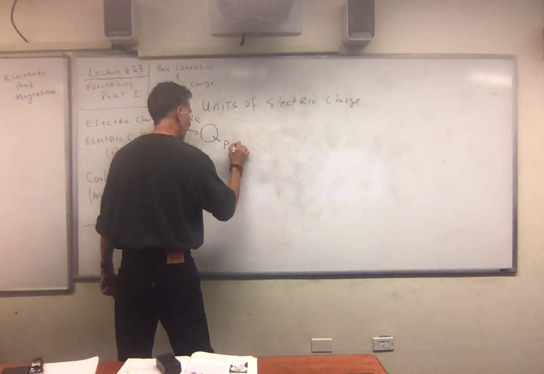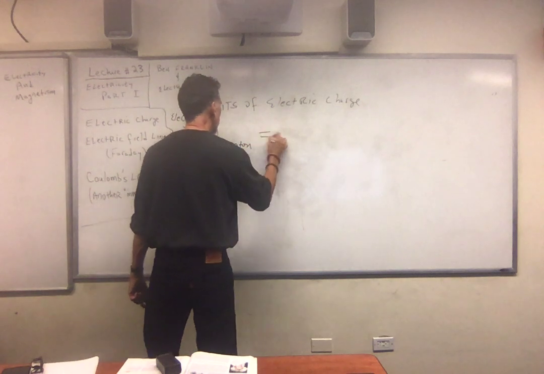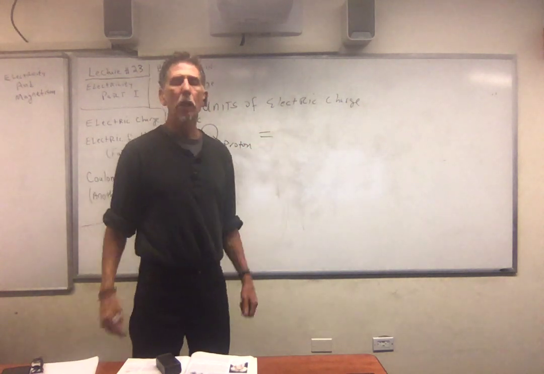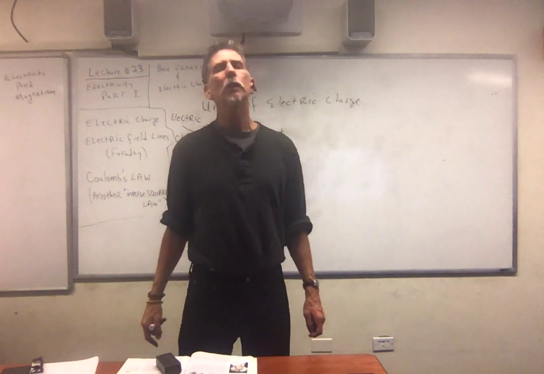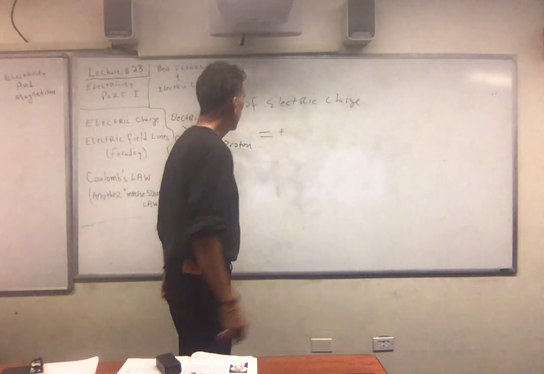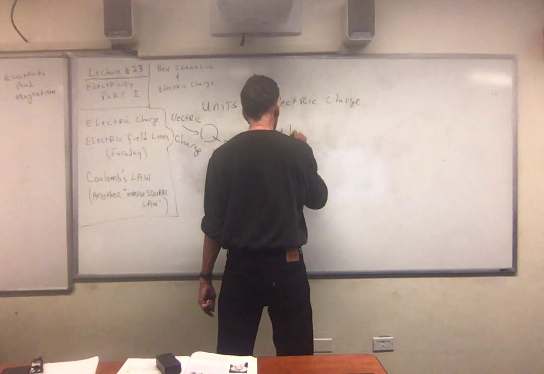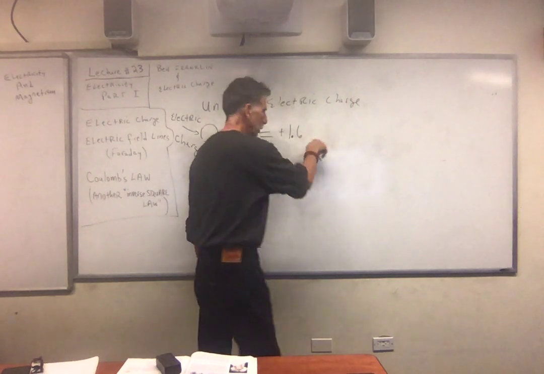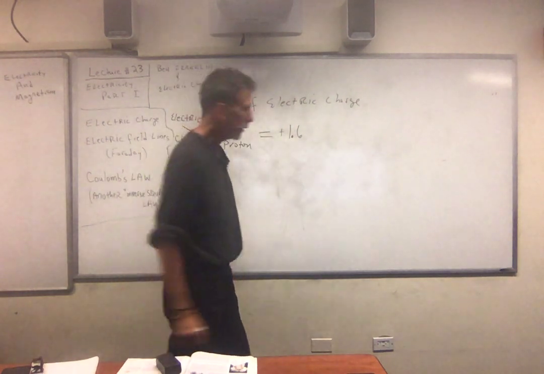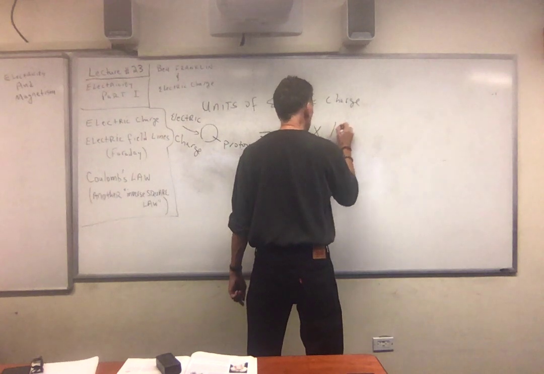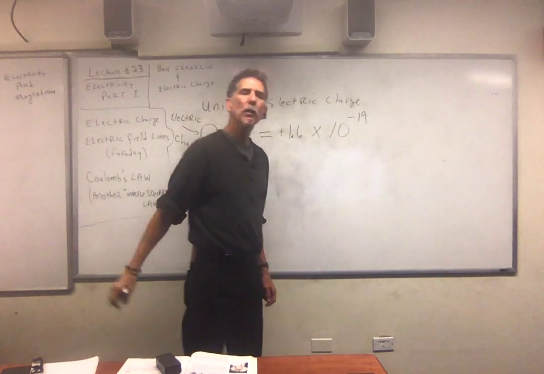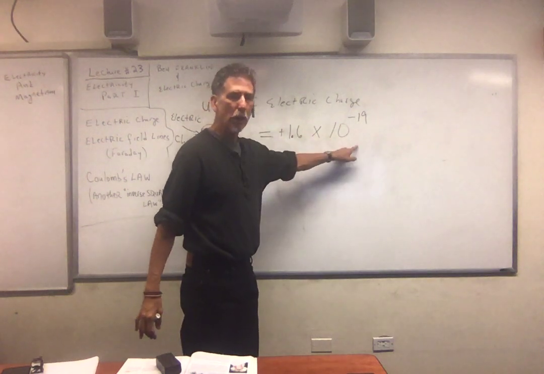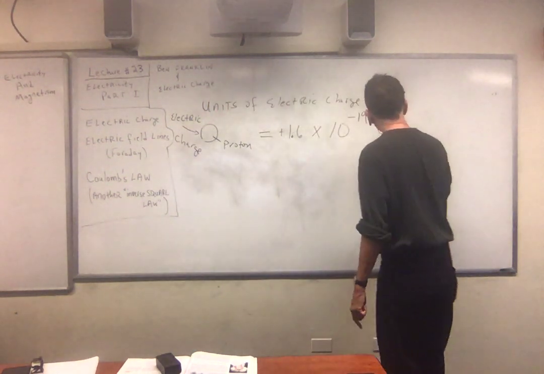The electric charge on a proton, we know is positive. I'm going to put a positive there. The magnitude of this number, watch this. You don't need to learn this, but it's 1.6, and there's a couple more decimal places, doesn't matter, times 10 to the minus 19th. And the unit of electric charge is called a coulomb.